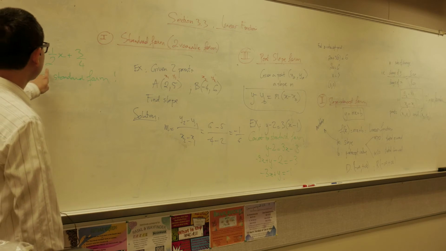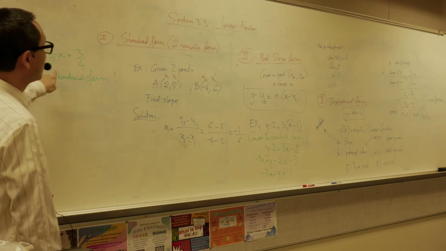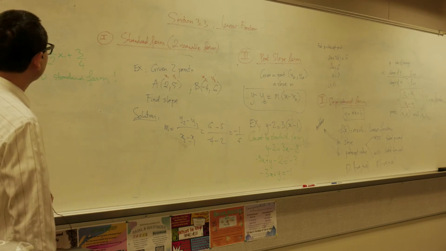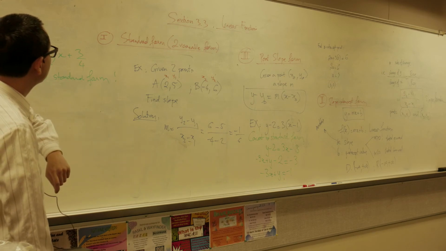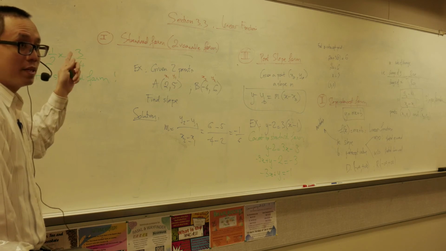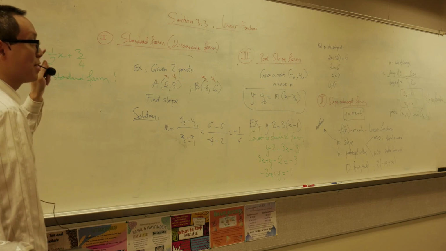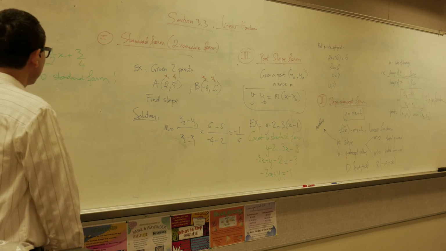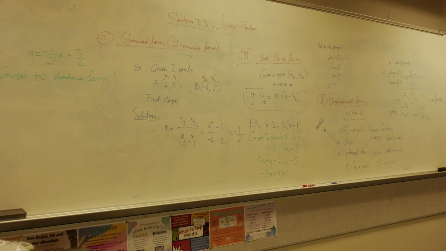Anyone can tell me what is the slope over here? Negative 1 over 2. What is the b value? 3 over 4. Which means the graph of this line is going to cut the y-axis at 3 over 4. Slope is negative 1 over 2. Alright, standard form ax plus by equals c.